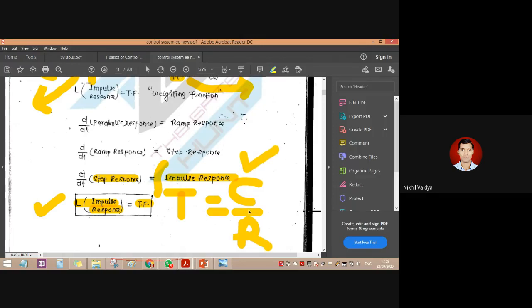The response for this step input, that is C. R is given. R is nothing but the step input. So step input is 1 upon s.